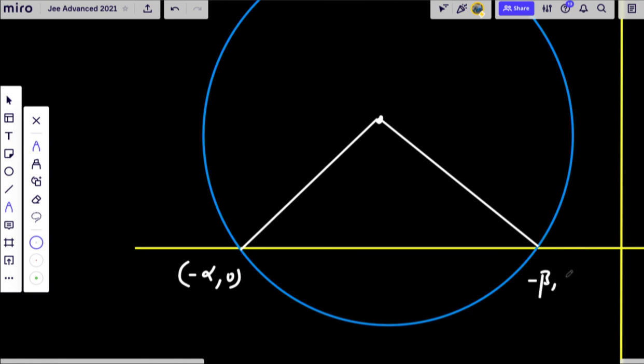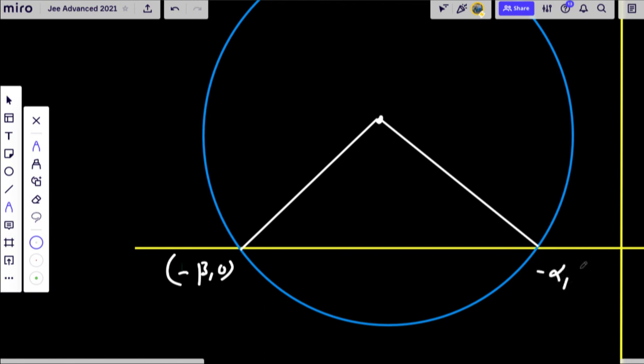Okay, so this is, let's say, minus alpha comma 0, and this is minus beta comma 0, because in the question it is given z plus alpha and z plus beta. So we say one of them is alpha and another is beta, so you can assume any of them. Let's say this is minus beta comma 0 or minus alpha comma 0, that doesn't matter.